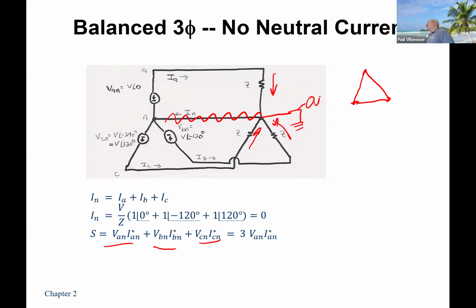If the neutral is not at 0 volts because you have an unbalanced system, then those voltages, VA, VB, and VC, are not balanced. And we'll see at the end of the semester how to do analysis with unbalanced systems. So the 3-phase balanced system calculations we're going to be doing for the brunt of the semester only work if you have a balanced system. Okay.